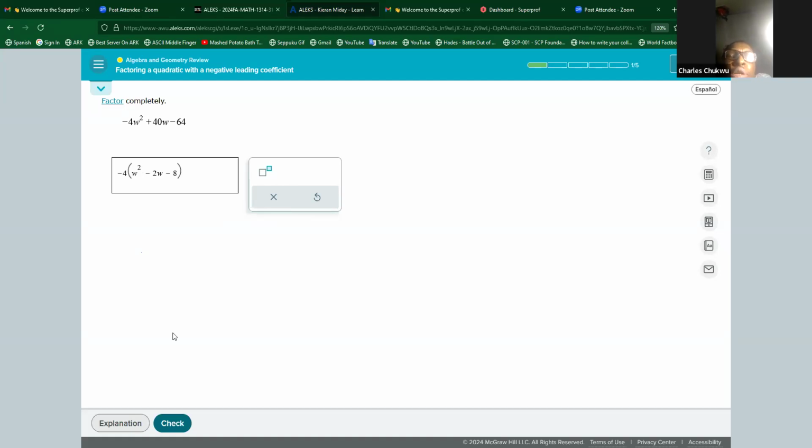Just take out the squared. What am I supposed to do from here? Take out the squared. W minus 2 and W minus 8. W minus 2 in one bracket, W minus 8 in the other.